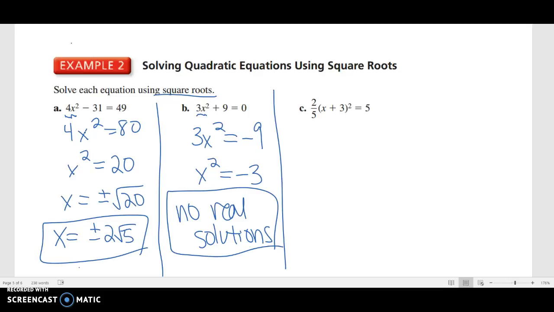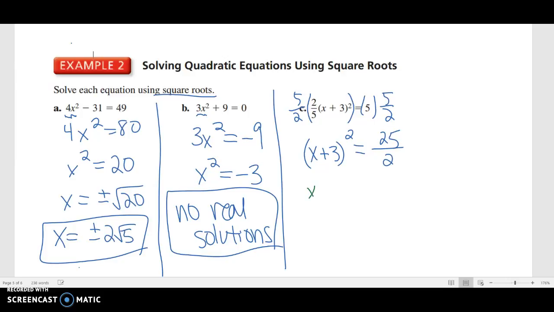For part C, we start by multiplying both sides by 5/2 to get rid of that fraction. And I'm going to keep this like a fraction, 25/2. It makes things a little bit easier for simplifying.